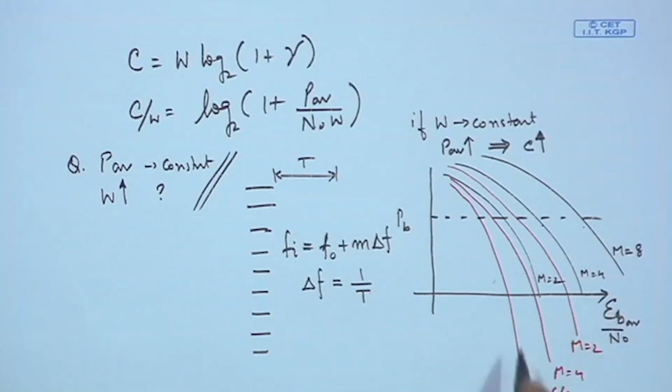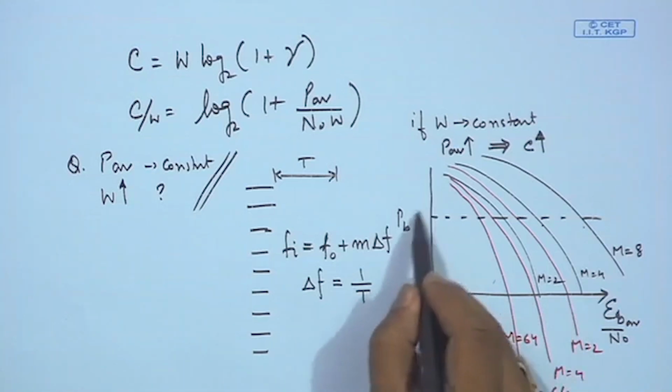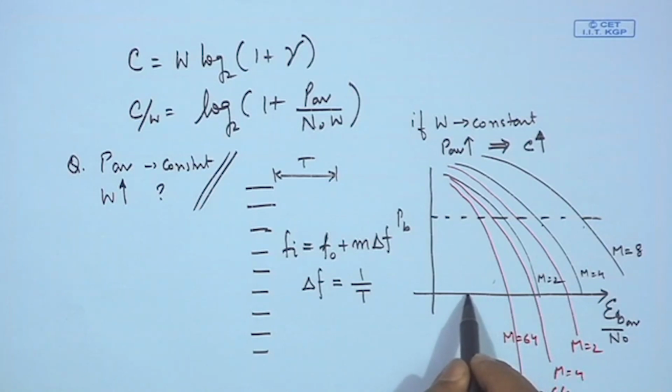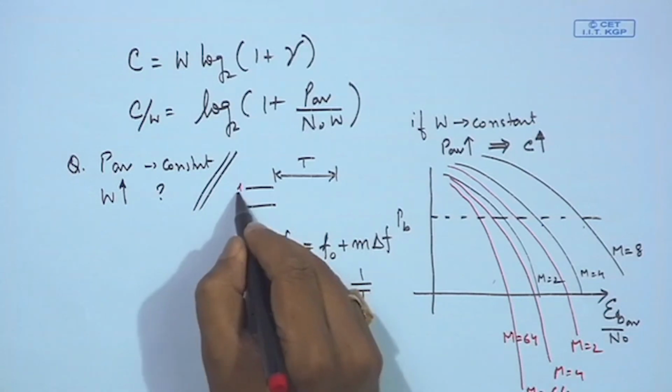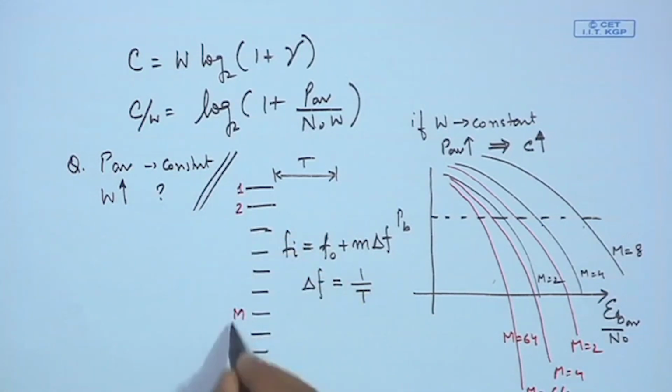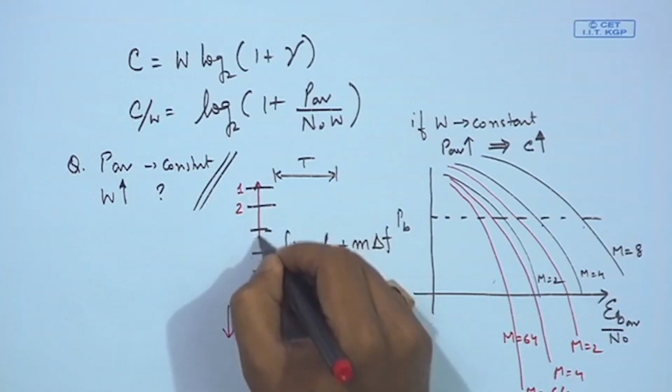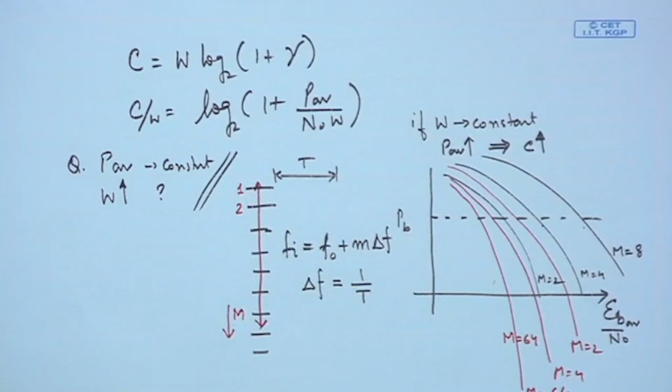the curve shifts in the reverse direction. So, that means if we keep PB constant, as we increase K, the EB requirement reduces. So, as we keep increasing m, our requirement of Eb by N naught decreases, and as we increase m, we definitely find that the bandwidth occupied also increases.